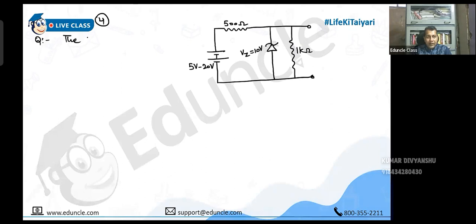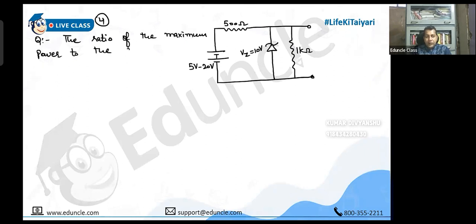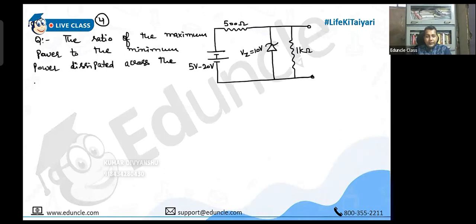I won't be writing the complete question, okay? Only the diagram and the thing that has been asked. The ratio of the maximum power to the minimum power dissipated across the load resistor is.